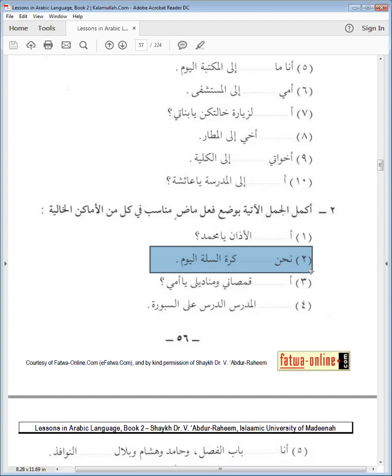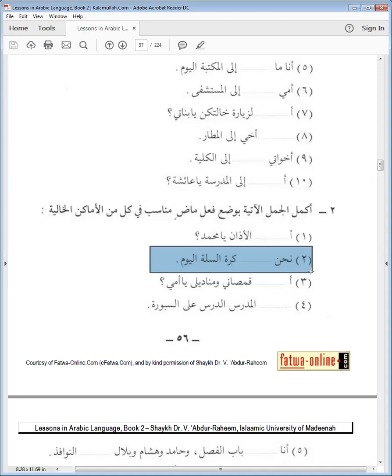Which is basketball? Kurat as-sallah is basketball. So kurat al-qadam is football, because qadam is foot.